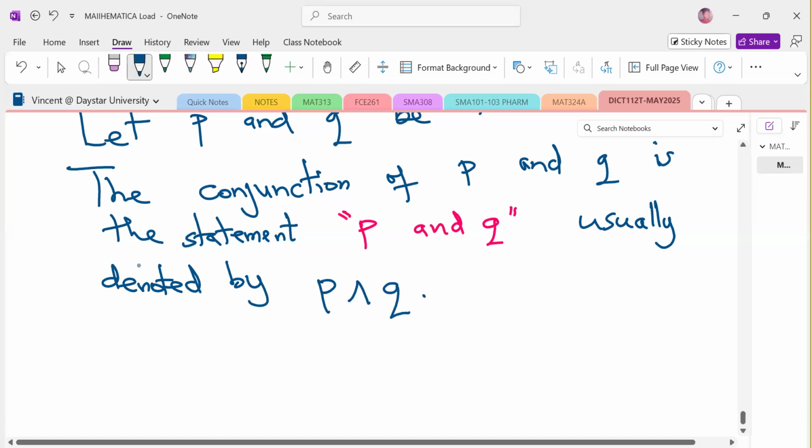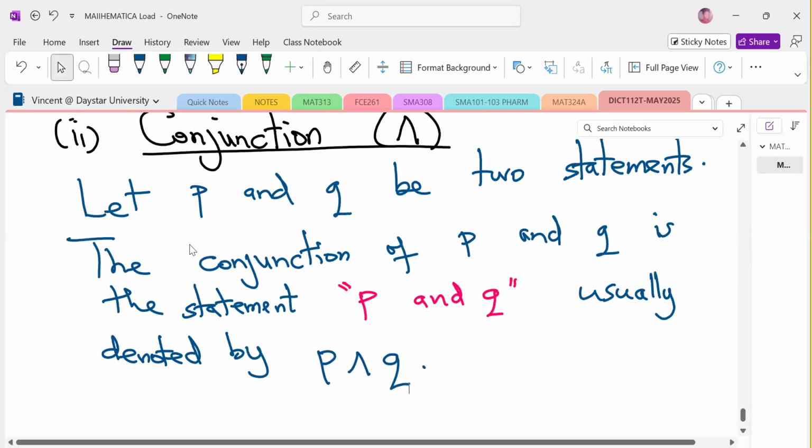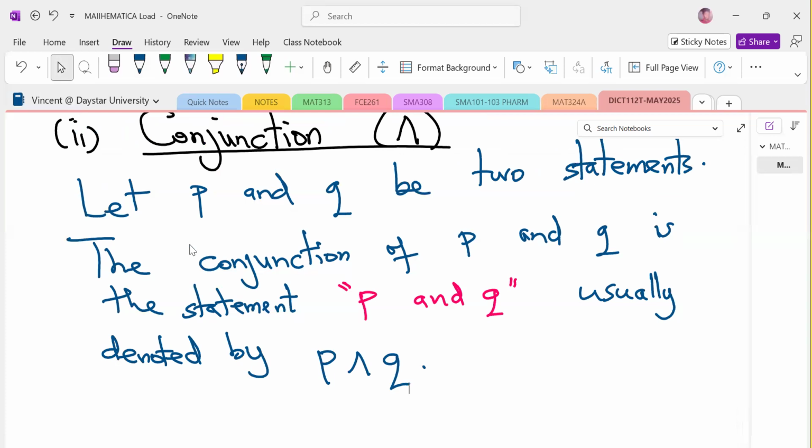This is the definition of a conjunction statement. So you require two statements, say P and Q. Then the conjunction of P and Q is simply the statement P and Q. It's like you are simply connecting two simple statements using the word and.